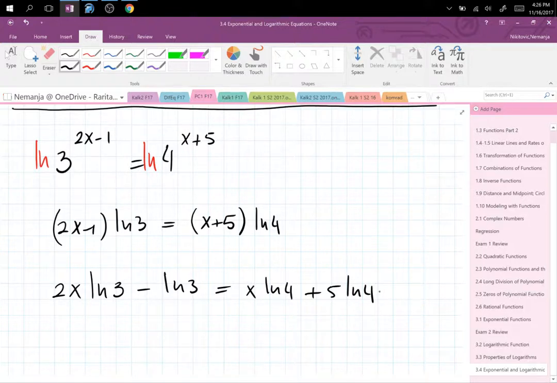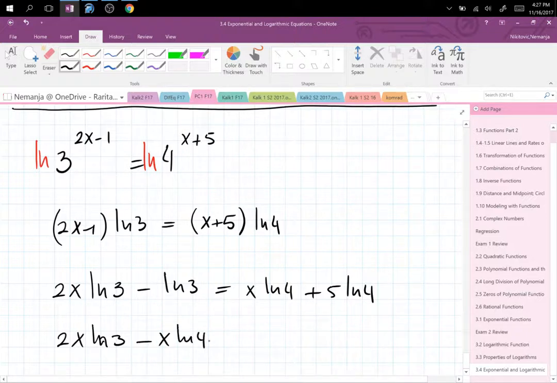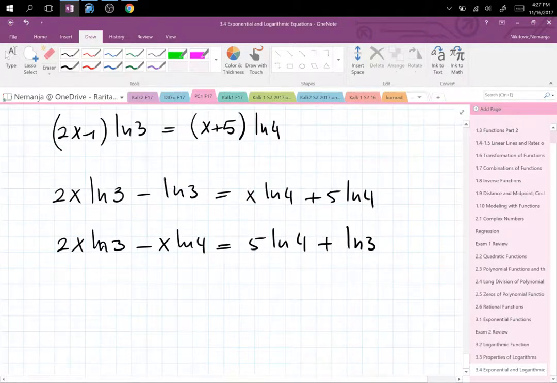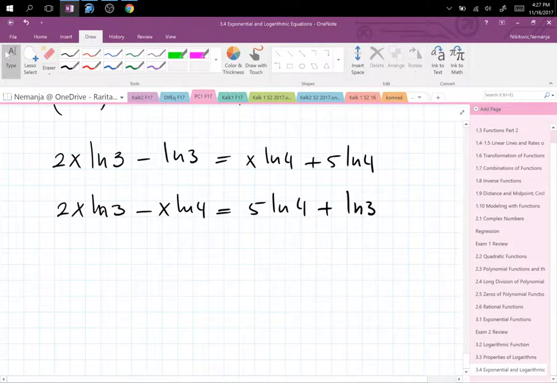So now, once we distribute ln 3 and ln 4 to both terms, we have 2x ln 3 on the left minus x ln 4 on the left is equal to 5 ln 4 plus ln 3. And now we factor x on the left.